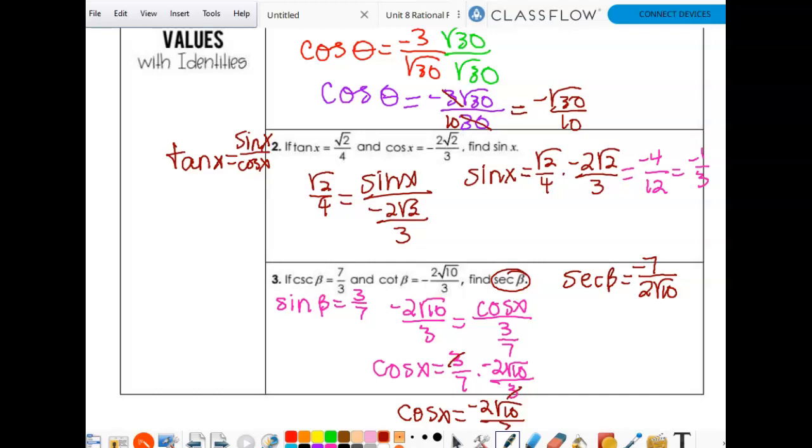It doesn't matter. So I'm going to go ahead and multiply by the square root of 10 over the square root of 10. So I get negative 7 square root of 10 over, square root of 10 times the square root of 10 is 10 times 2, 20. So there's your answer.